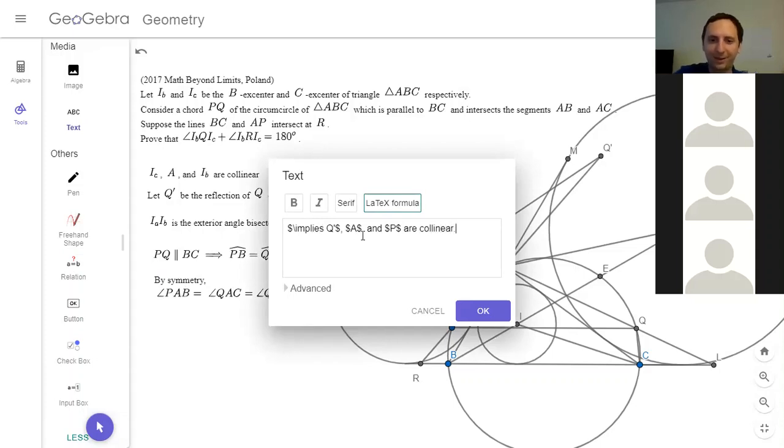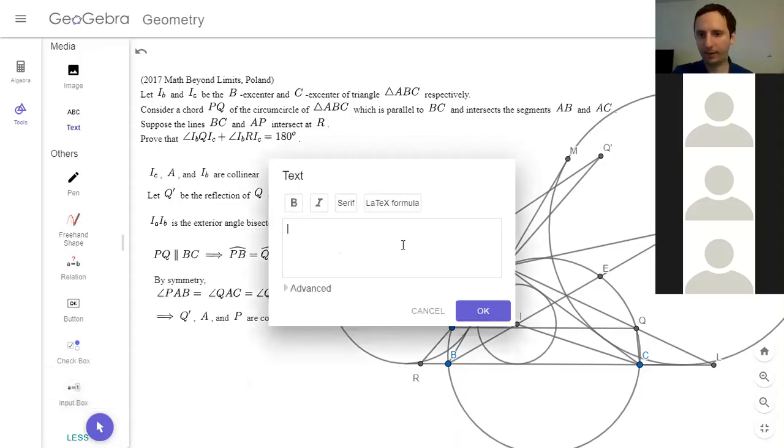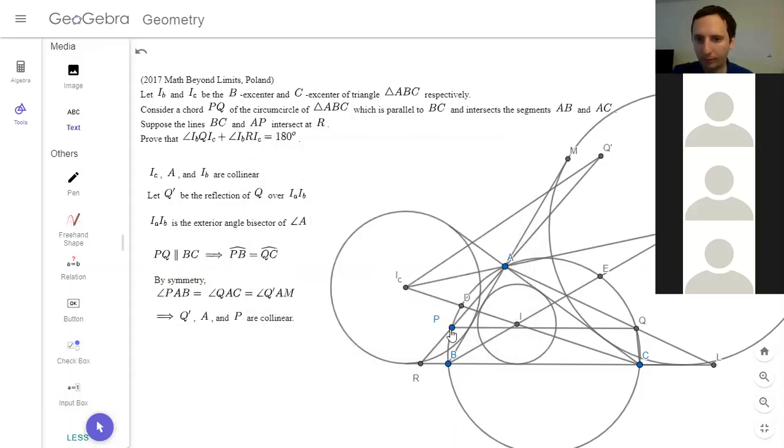Sorry, I see you guys writing in the chat. And once we know that, it's not that hard of a power of a point, because then we want to show PAB is similar to QAC, the triangles. We want to show angle PBA is equal to angle... okay, so we know angle CAQ is PAB.